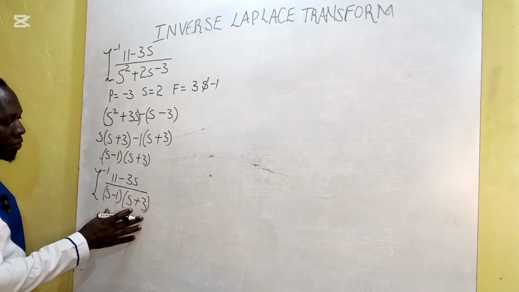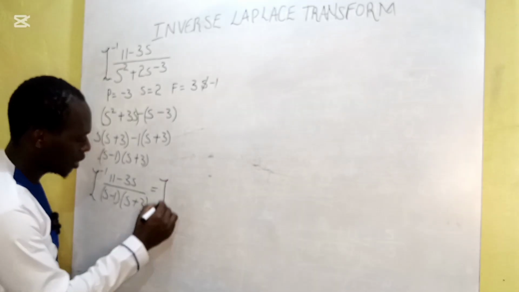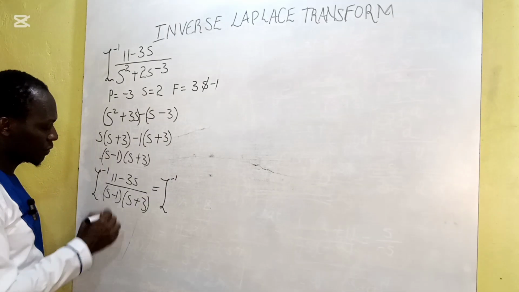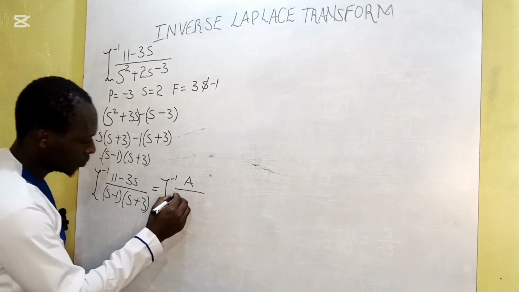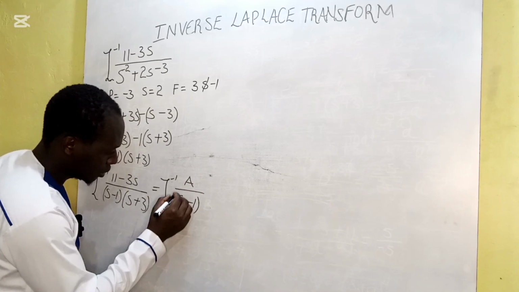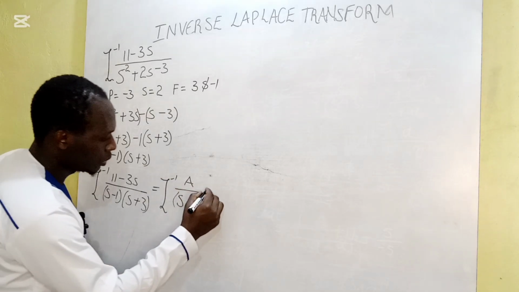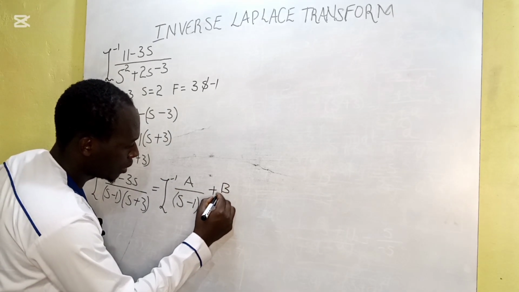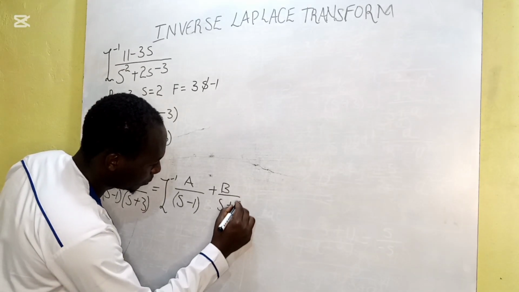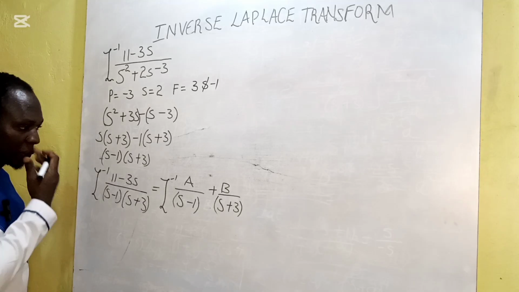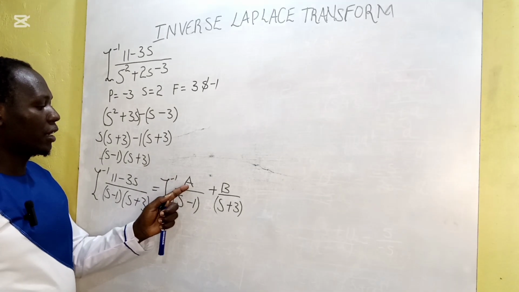And we can rewrite everything in form of partial fractions, whereby we are going to have the inverse Laplace transform of A all over s minus 1, because this one is a linear first order equation, plus B all over s plus 3. Let us now use the cover-up rule to get the values of A and B.